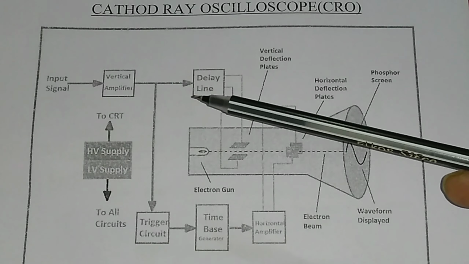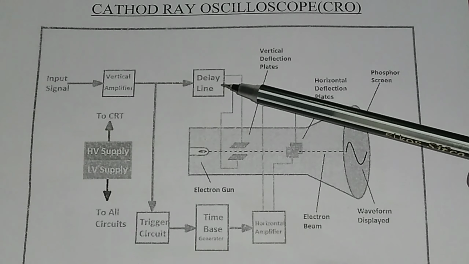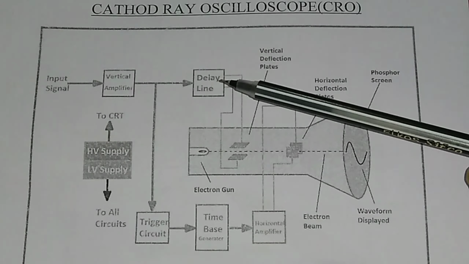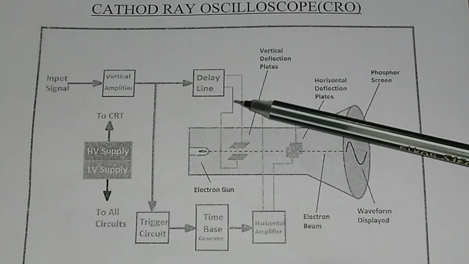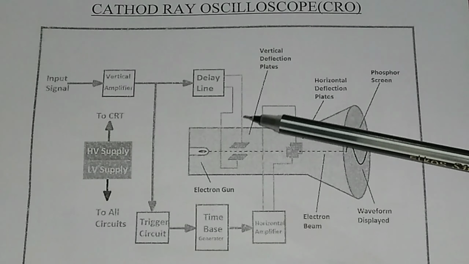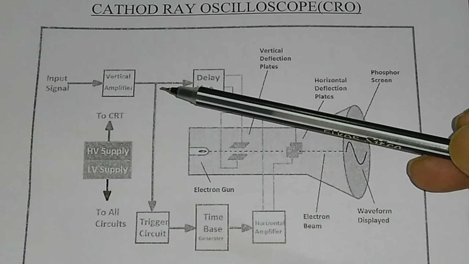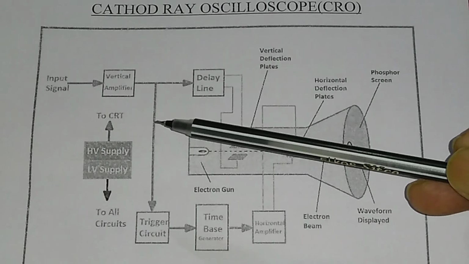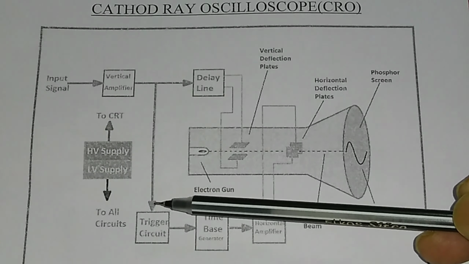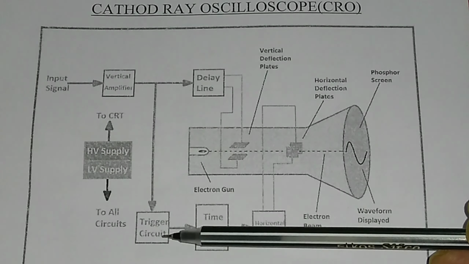Then the signal is given to the delay line, and in the delay line the signal is fed to the vertical deflection plate. Another signal which is coming from the vertical amplifier is fed through the trigger circuit.